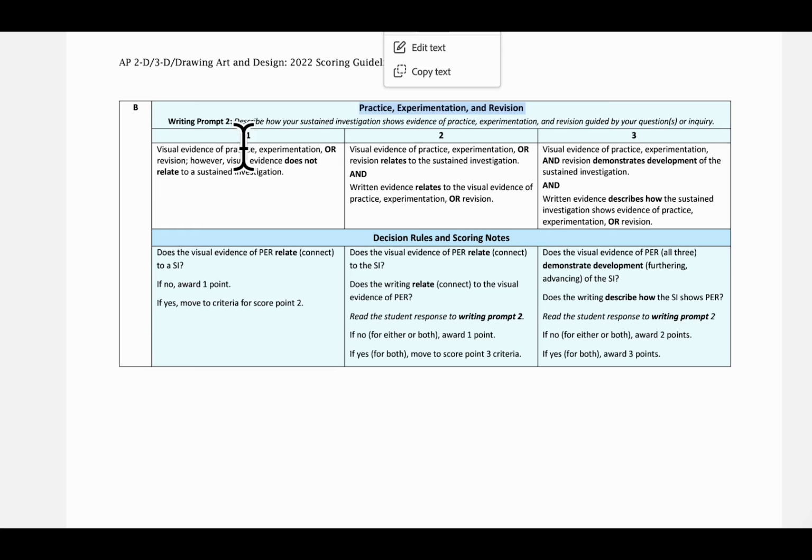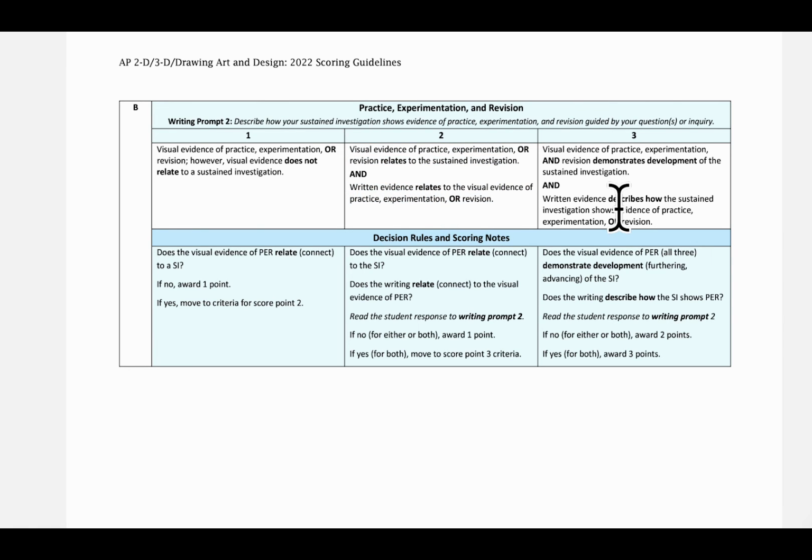Okay, so somebody who is getting a 1, the word or is incredibly important there. The other words that are really important is does not relate. Your evidence doesn't relate to your sustained investigation. Same with a 2, look for the bolded words or and relates or. Okay, so break these down for yourself so that you'll be able to tell what is the thing they're looking for here.